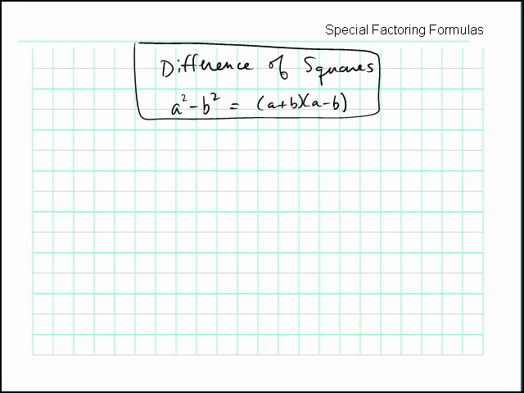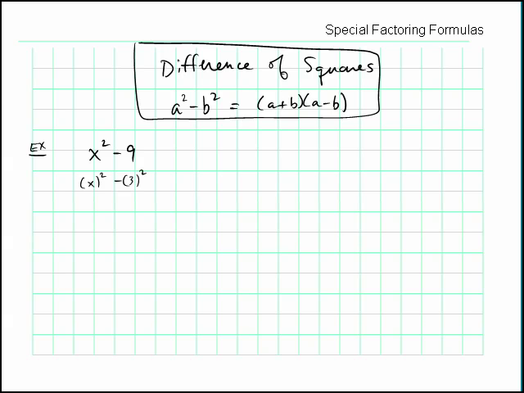And you can easily verify this if you were to FOIL out the right side using the FOIL method. You would get a squared minus b squared. Some examples of using the difference of squares pattern. x squared minus 9. This is x squared minus 3 squared.